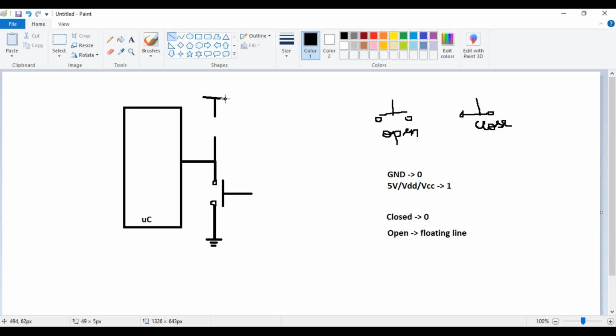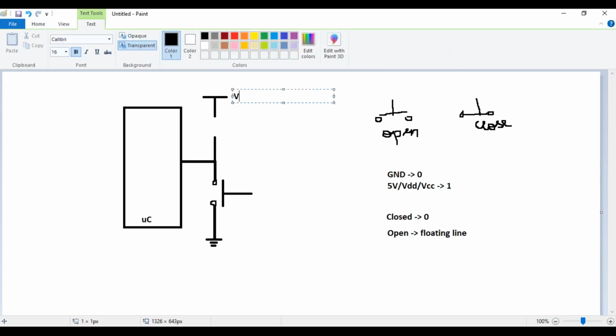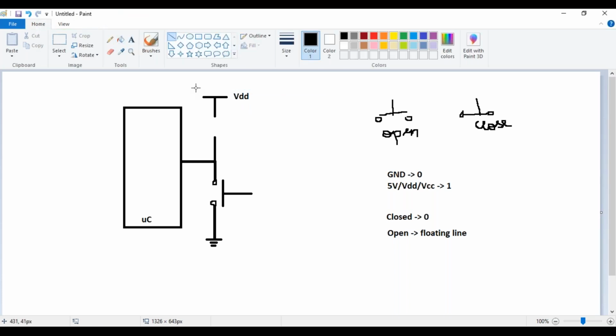More about the switches and pull-up circuits you will study in the coming classes. So I am going to add a pull-up circuit with a resistor like this. Now this time you will get an efficient output for the input you are providing.